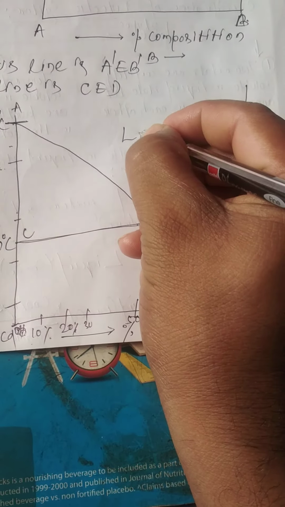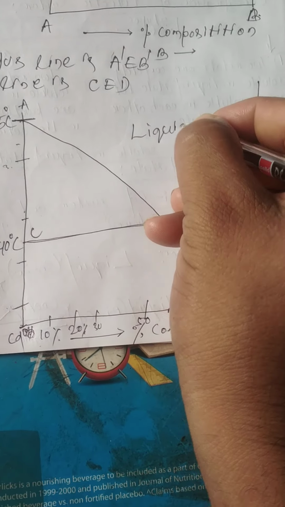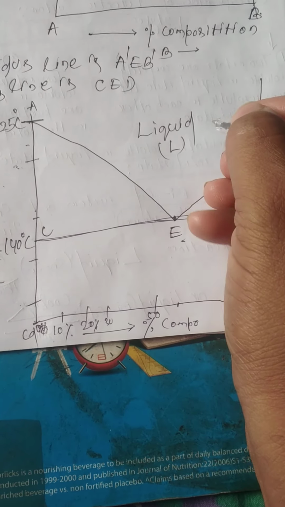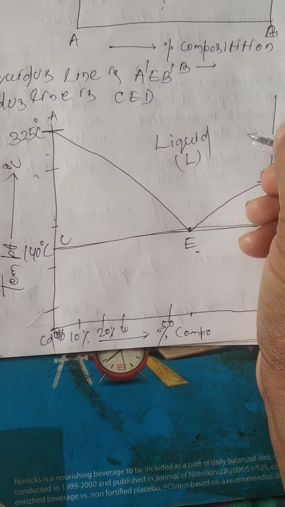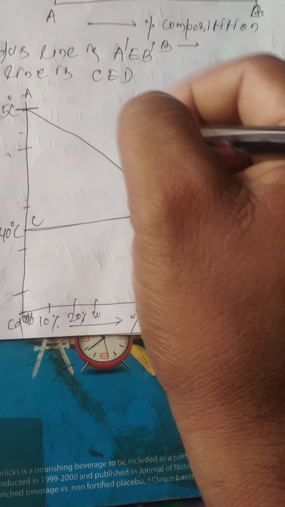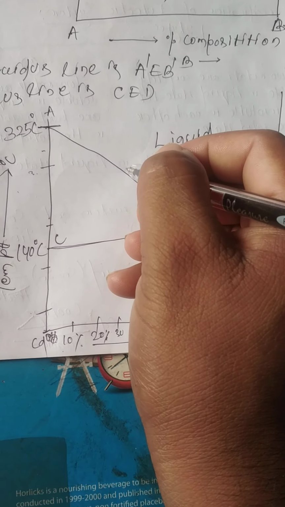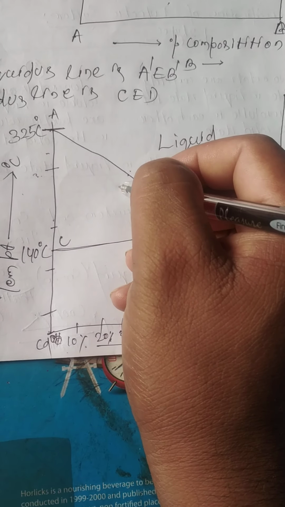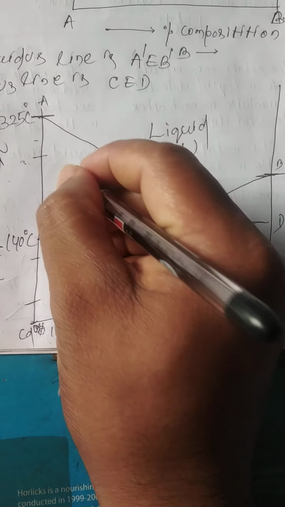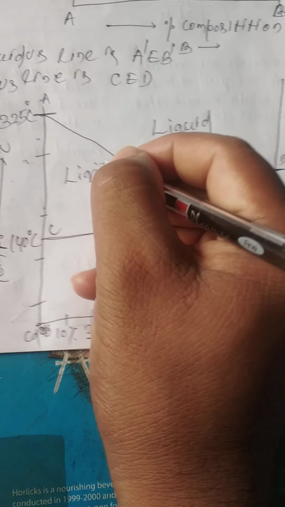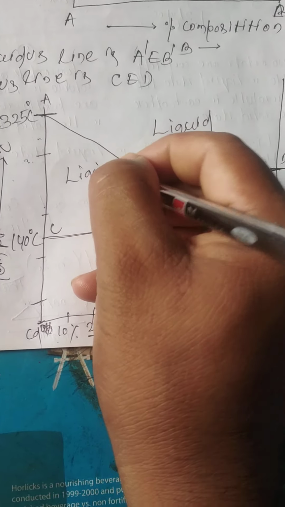Now see, this is 100% liquid, L. Liquid of what? Bismuth and cadmium. Now when solidification starts, this is the liquidus line. So just below the liquidus line, solidification starts. So this portion will be liquid plus solid.